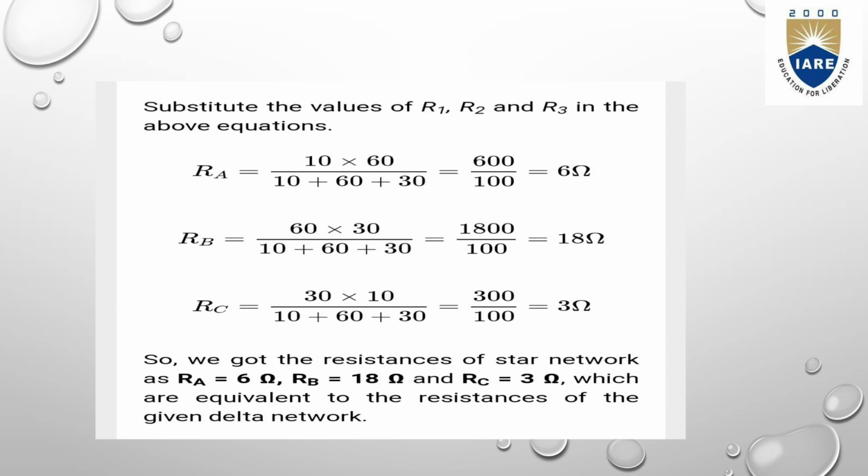RB is equal to 60 into 30 by 10 plus 60 plus 30, that is equal to 18 ohms. And RC is equal to 30 into 10 by 10 plus 60 plus 30, that is equal to 3 ohm. So we got the resistances of the star network as Ra equal to 6 ohm, Rb equal to 18 ohm, and Rc equal to 3 ohm, which are equivalent to the resistances of the given delta network.